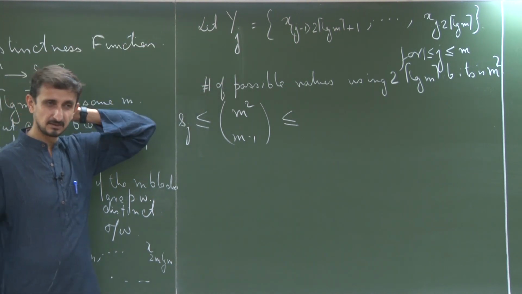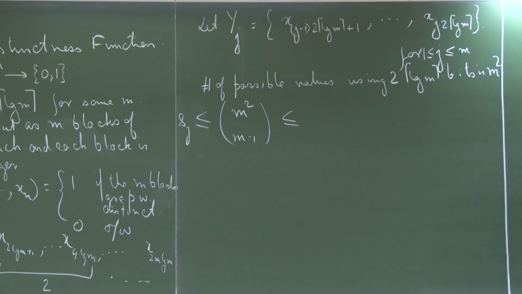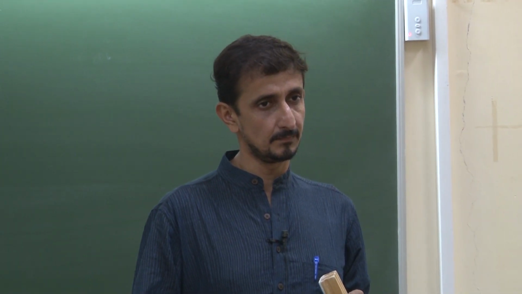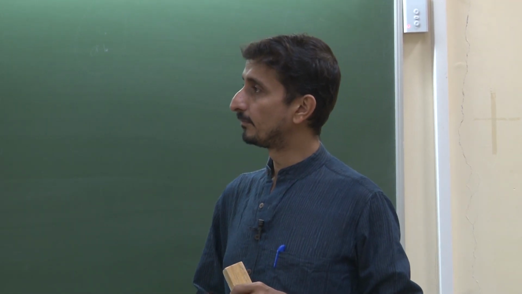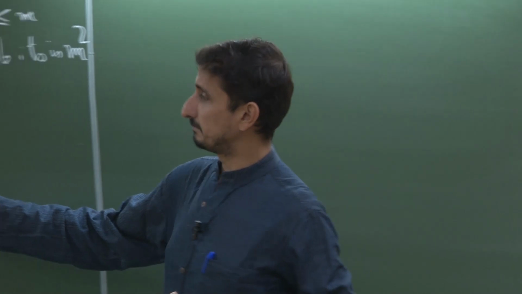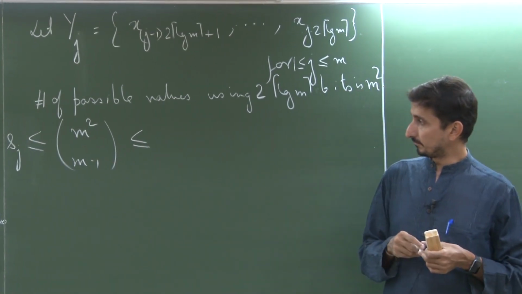So, what are you saying? Saying that one function and another function comes from picking any two of the remaining blocks to be identical, so it can be something more. Okay.